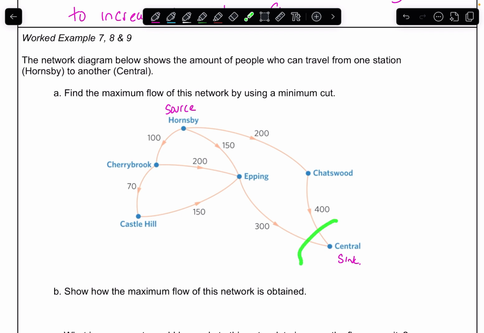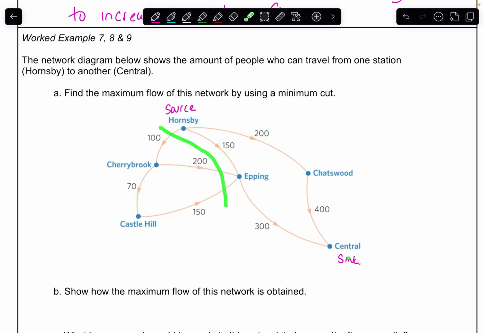If I cut here, I get 300 and 400, that's 700. If I can see some smaller numbers, there's a 70. Don't forget I need to cut my source to my sink. So if I go through here, what have I got? 200, 400, 550, so that's 620, so that's smaller. What if I go this way?